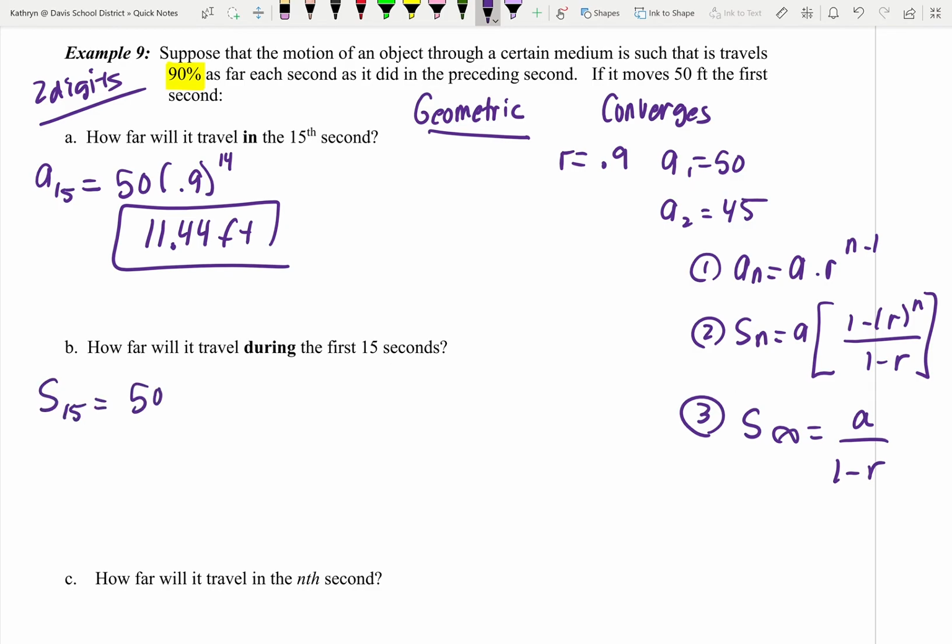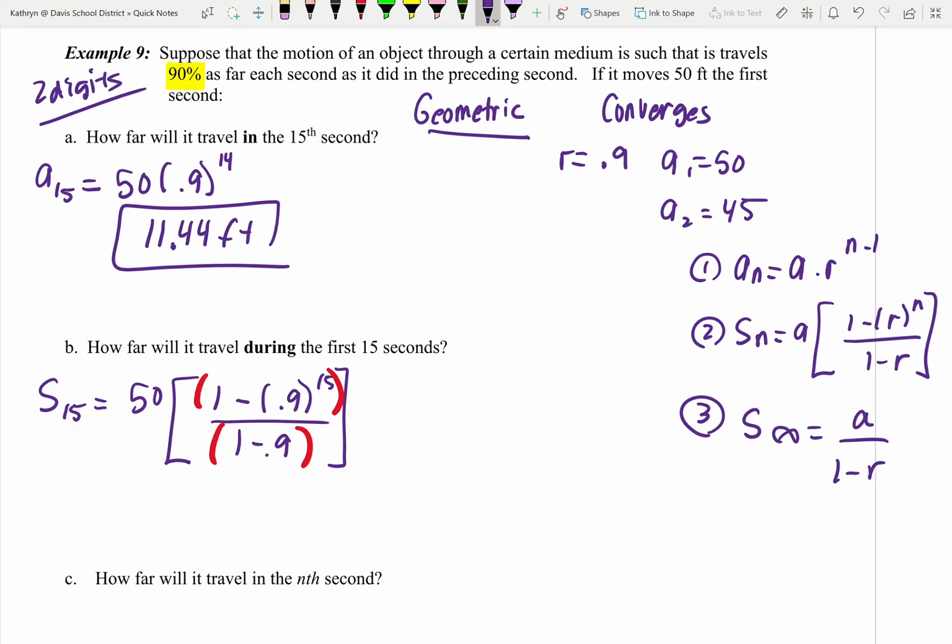It's the first one, which is 50, bracket, 1 minus, in parentheses, 0.9 to the 15, over 1 minus 0.9. Let's put the whole thing in the calculator, adding parentheses around the top and the bottom.